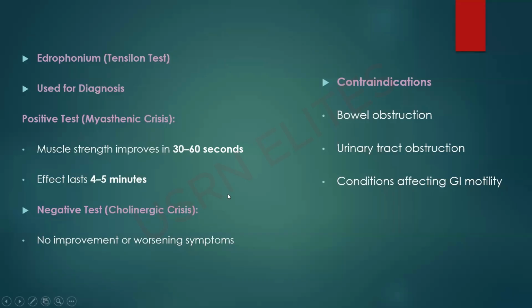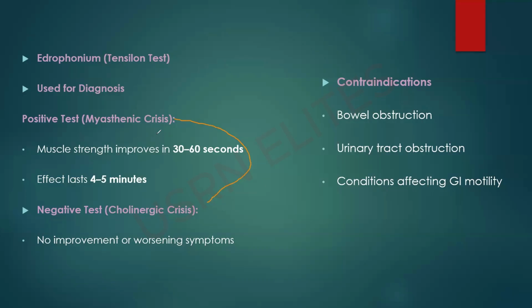And with a negative test, when you give it, you rather see symptoms worsening or there will be no improvement. This one sounds tricky, but it's not that tricky. Look at this.